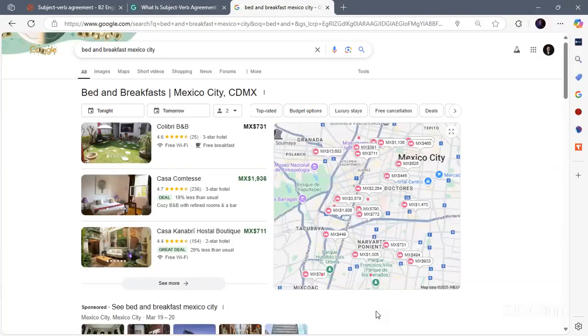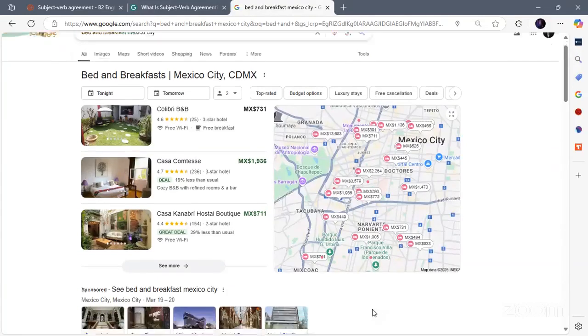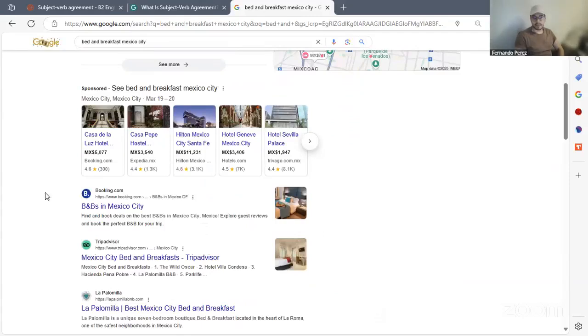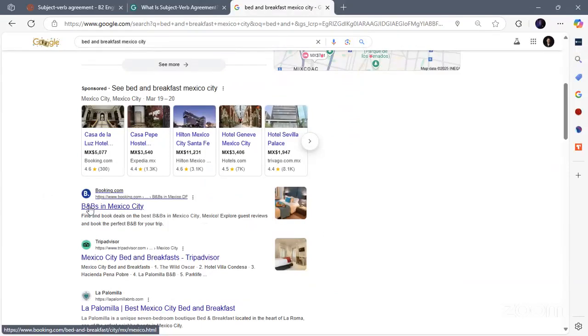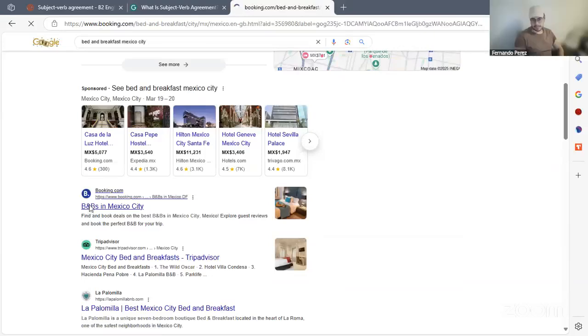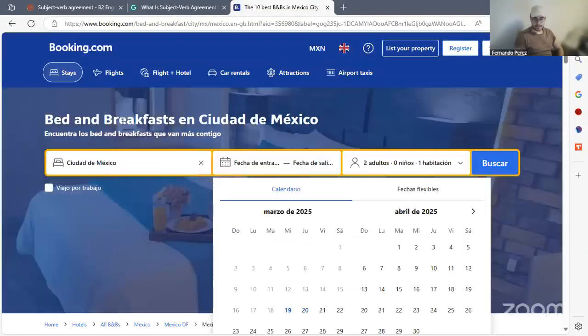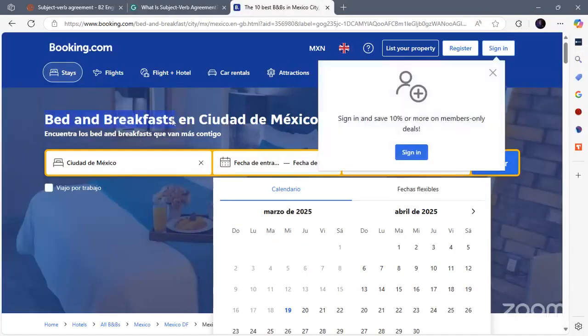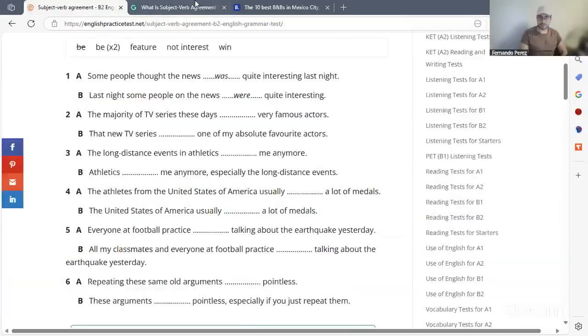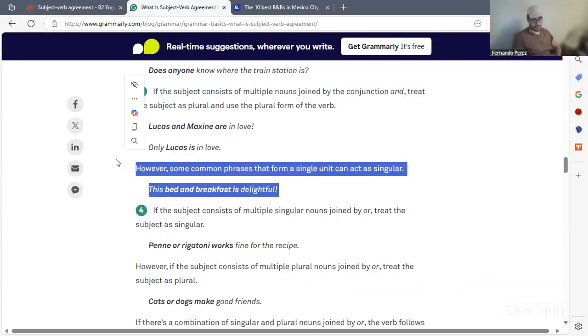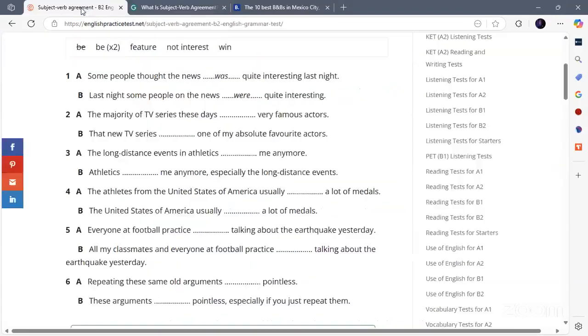So it's a room that includes breakfast. Correct, precisely. Look at this, B&Bs. That's literally a phrase that is coined altogether. That's the reason this is an exception to the rule.